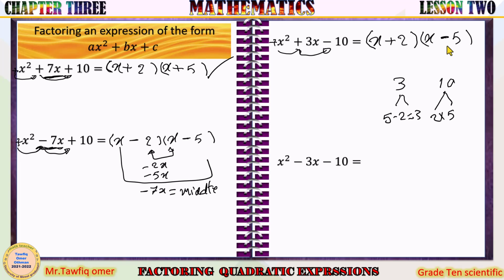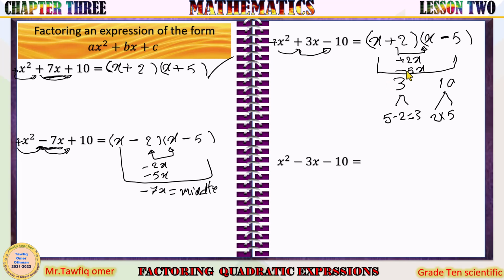After writing that, do not forget to check your answer. Two numbers at the middle, plus 2 times x is plus 2x, and the two numbers outside, it's minus 5x.